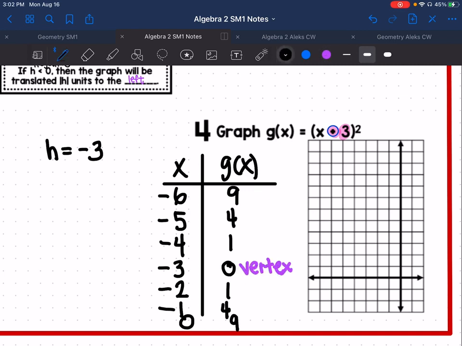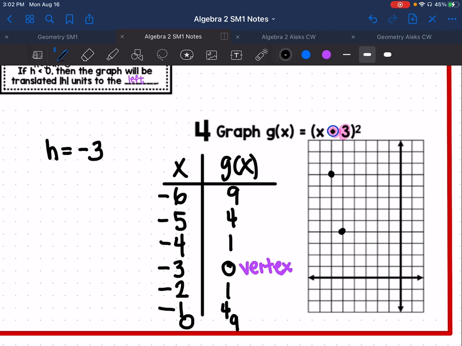And then from the graph, I can see this movement. From the graph, I can see this movement. So negative 6, 1, 2, 3, 4, 5, 6 to the left, 9 up, 1, 2, 3, 4, 5, 6, 7, 8, 9. Negative 5, 1, 2, 3, 4, 5, 1, 2, 3, 4 up.